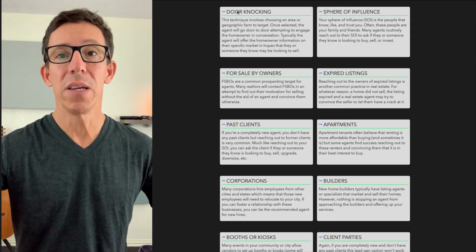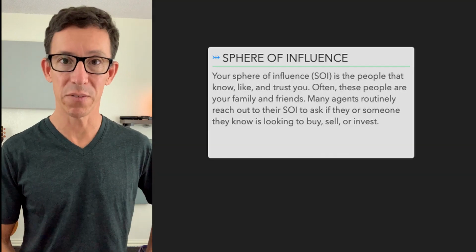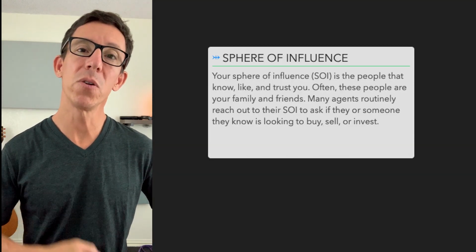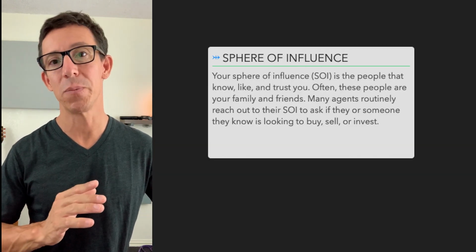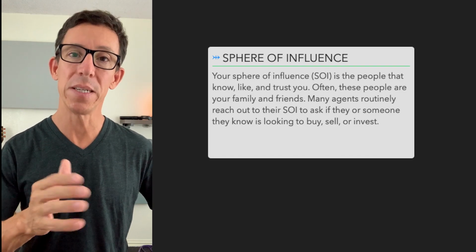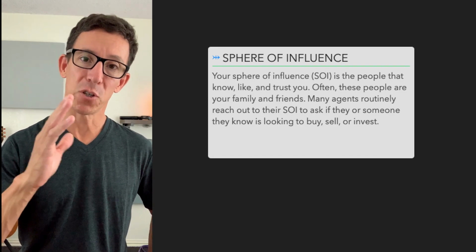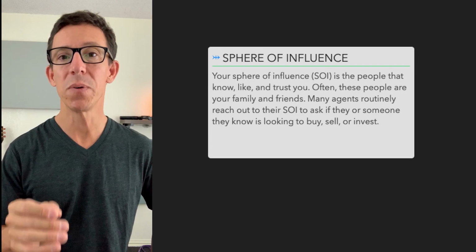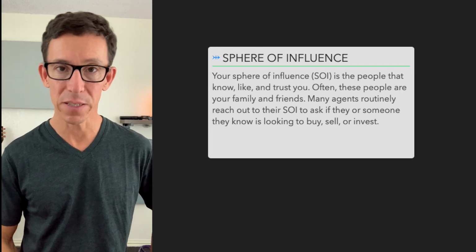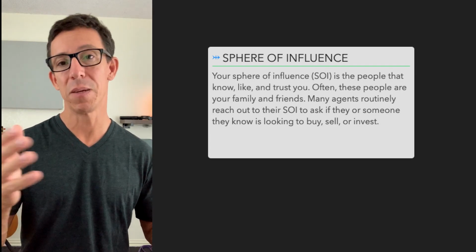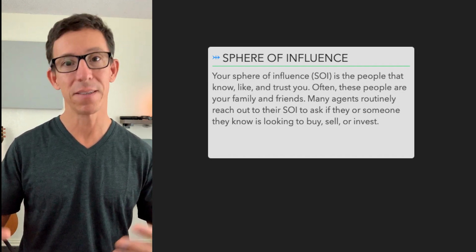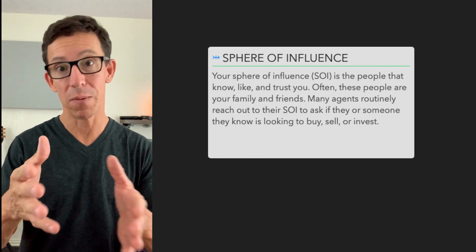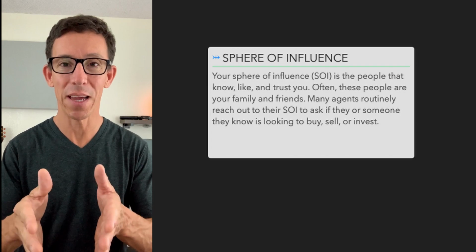First and foremost, let's talk about sphere of influence. If you're a new real estate agent, probably your best bet right off the bat is to reach out to your sphere of influence. Your sphere of influence are those people that know, like, and trust you. Typically, this is your family and your friends, right? Because your family and your friends, hopefully, know, like, and trust you.